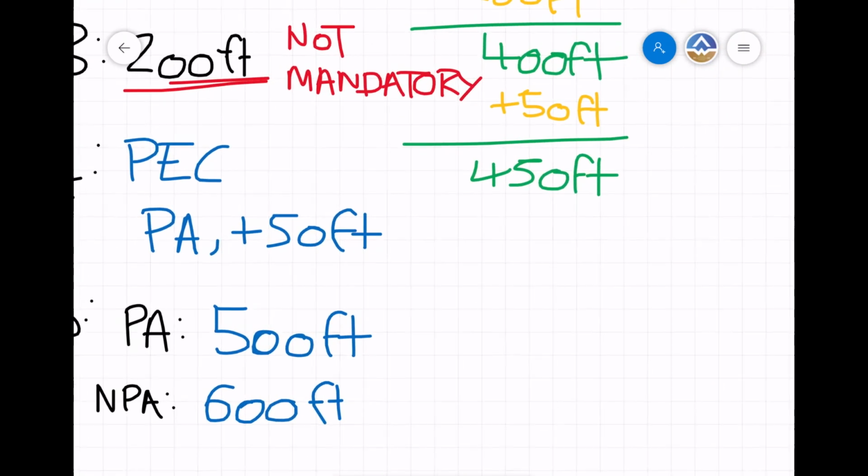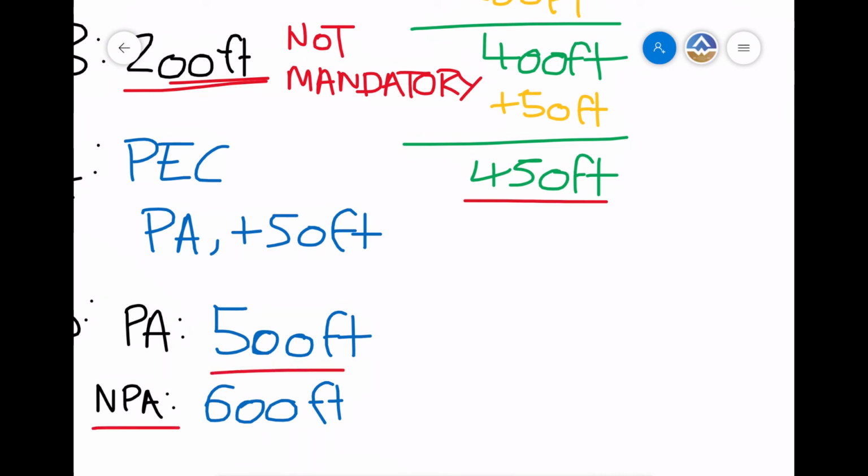Meaning that what we have to do now is we've got to take what we've calculated so far, this 450 here, and compare it to this 500 here. If it was a non-precision approach, we'd compare it to 600. Because it's an ILS, it's precision, so we compare it to 500 feet. Whichever one is higher, we now take and use. So actually, 500 feet is our decision height.